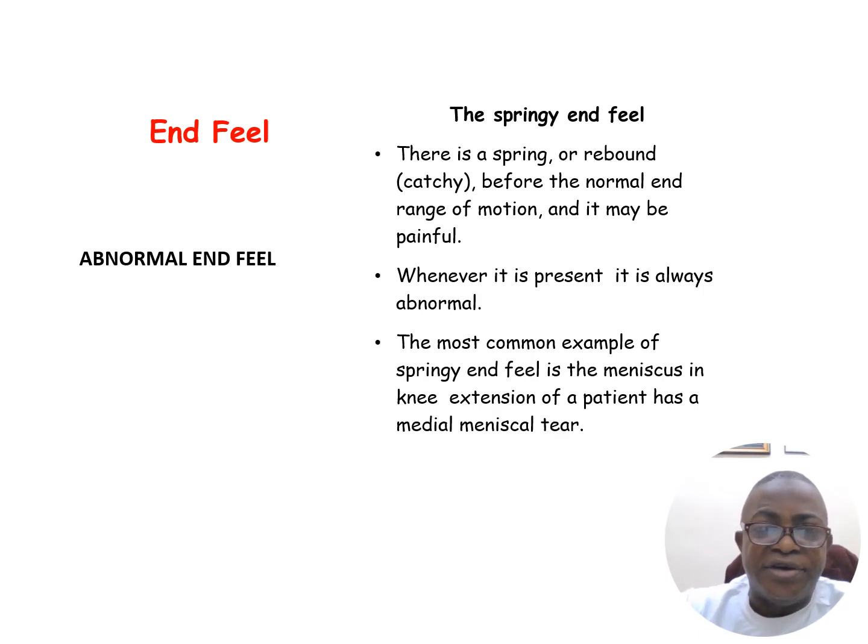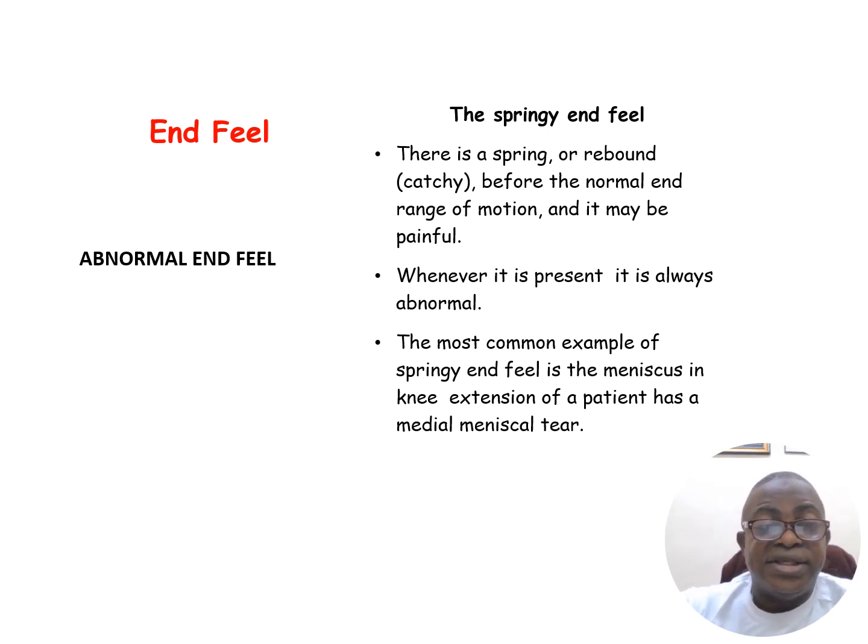Now we want to talk about the abnormal end feel. What are the abnormal end feels? The abnormal end feel, there is a spring or a bound. As the therapist is attempting the passive movement, there's going to be a pushback into the hand of the therapist in form of a spring or a rebound before the end of the range will be reached. Whenever a therapist experiences something like this, this is an abnormal end feel.